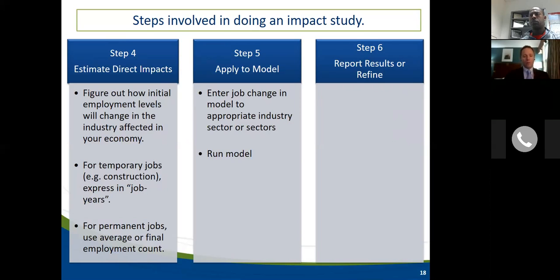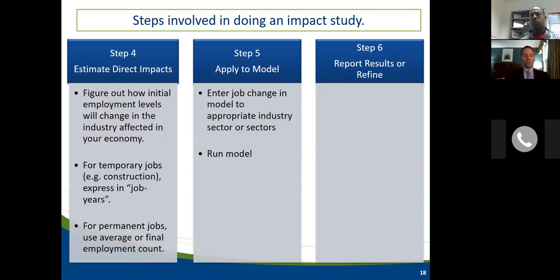If you have 100 people constructing the building, but they're only working for half the year, that means you have 50 job years. If those same 100 people have to work 2 years, that's 200 job years. So for construction, these temporary impacts, you would put in the number of job years, not the number of jobs. For permanent jobs, it's very simple. It's the final employment count. Whatever it is, that's the job number you put in.